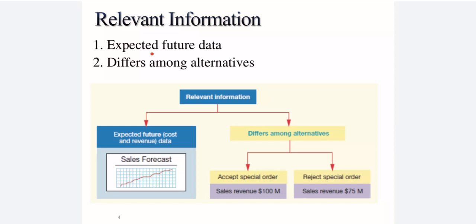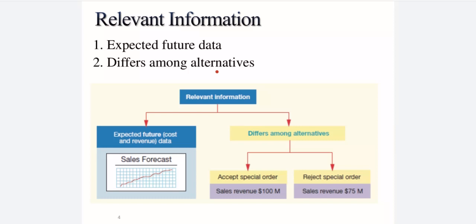Okay, and this cost will differ among alternatives. يبقى relevant cost في شرطين مهمين ليها. Two conditions or two characteristics for the cost to be relevant or for the revenue to be relevant. First, it will happen in the future. It's not a cost that happened in the past. Second, it will differ between alternatives.